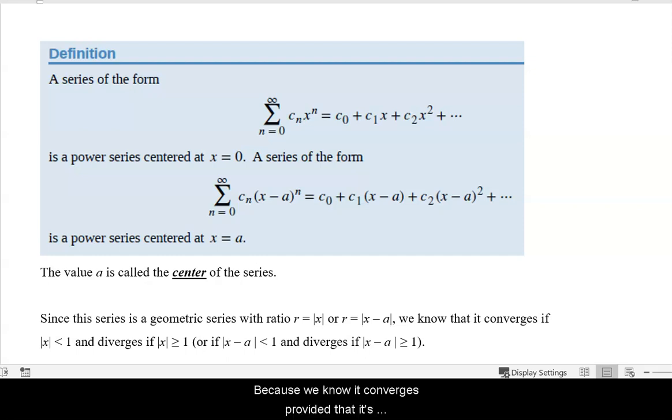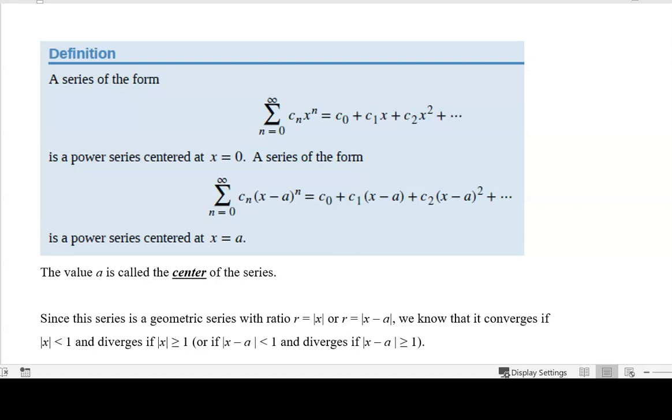Because we know it converges, provided that it's between -1 and 1, we can say that the power series will also converge if the value of x is between -1 and 1, or the value of x minus a is between -1 and 1. If we don't want to write between -1 and 1, remember that we can use the absolute value notation to represent the same idea. Saying that r, absolute value, is less than 1 is the same thing as saying r is between -1 and 1.